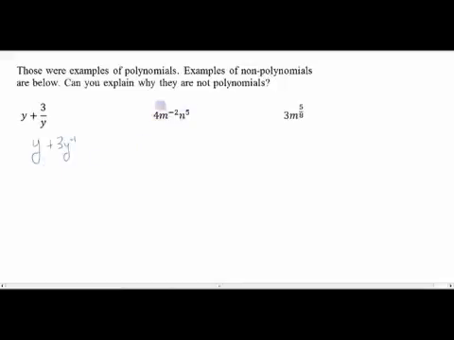The same with this one. We have a number that's not a natural number for an exponent. And with this expression, the exponent is 5/8. Again, 5/8 is not a natural number. So because these all have exponents that are not natural numbers, they're not going to be polynomials for us.